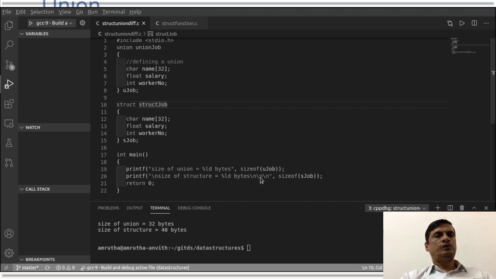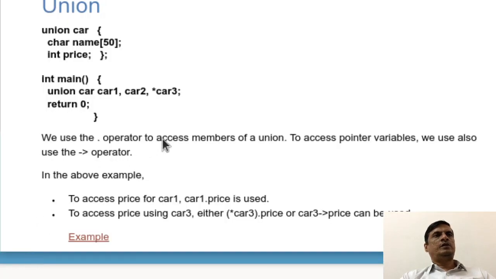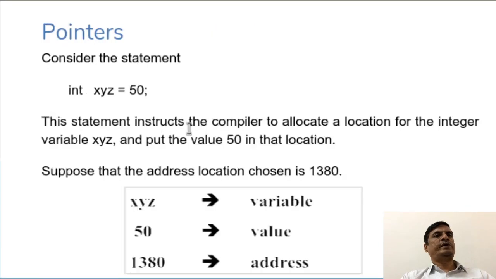So we will move on to the further topic, the concept called pointers. So what exactly do you mean by a pointer? When you declare int xyz equal to 50, in every C programming statement, in the initial portion of the program, you will be defining a statement like this: xyz is a variable name or an identifier, 50 is the value that you are going to store into xyz, and every named variable is going to be assigned some address.